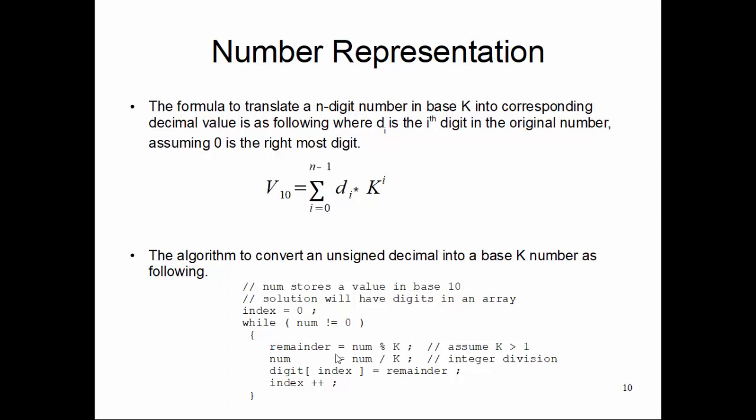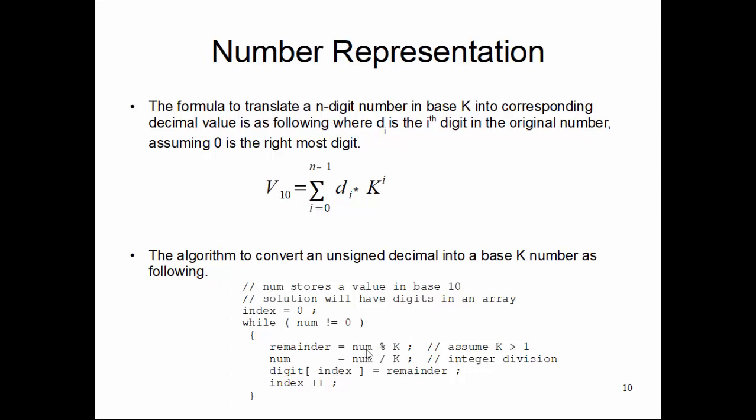So we loop until the number is 0, and at each step we determine the remainder of num, using the integer modulus operation with k.